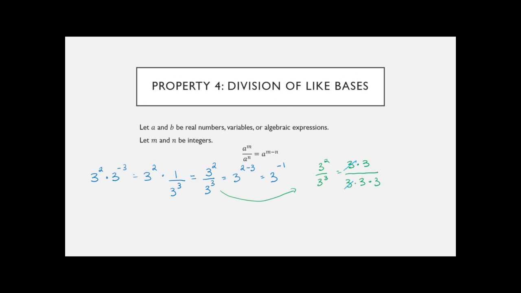And if you start canceling things out, you're left with 1 in the denominator. When everything cancels out on top, that's 1. So you get 1/3, which is 3 to the -1 power from that definition of the negative exponent. So it's consistent. You can look at it in different ways and you get the same answer.